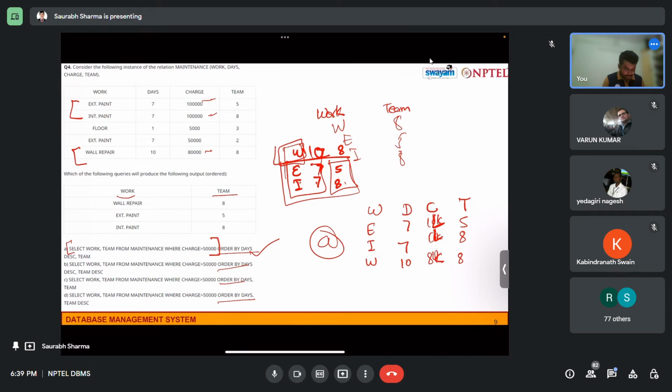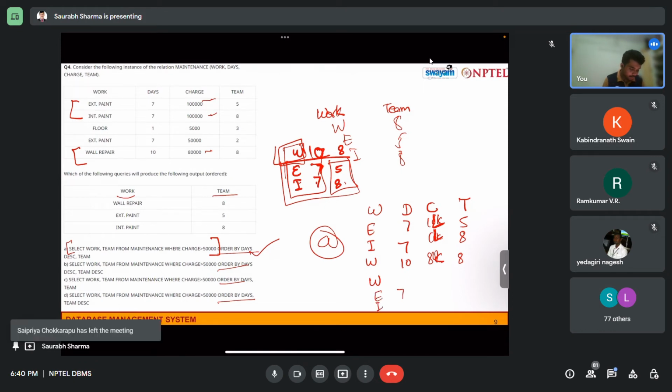Okay, so first, in option A what it is telling is days in descending order. First we will go through this only. Days in descending order will provide us W at the first position. Then E and I both have the same number of days. For this we go through the next order, that is team, and it is not listed as descending, so we take it as ascending order.